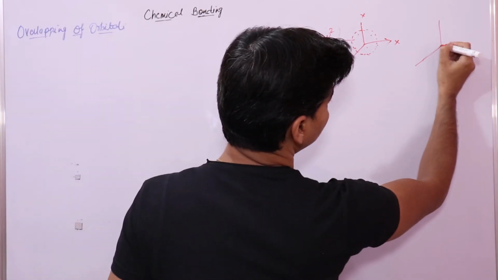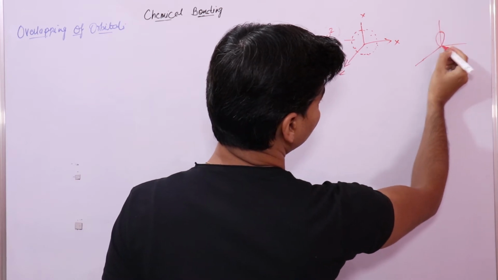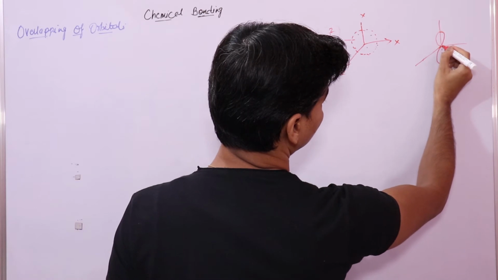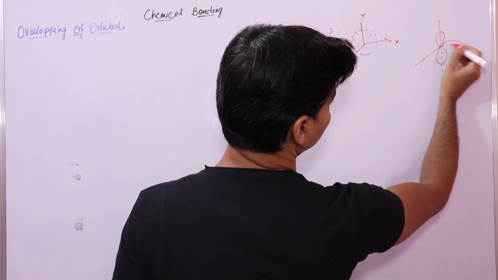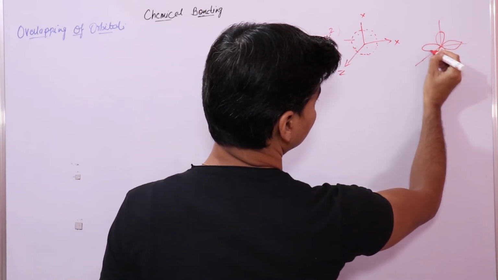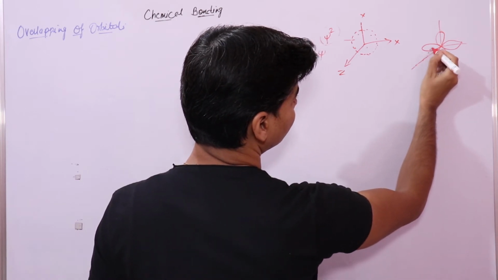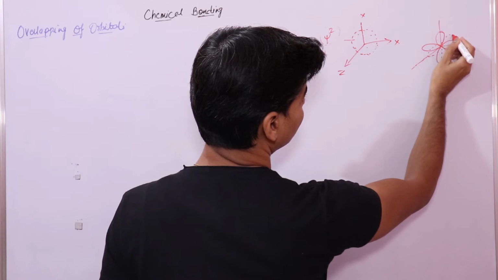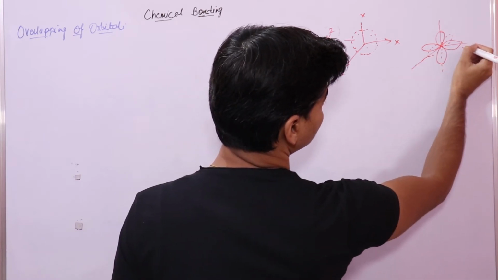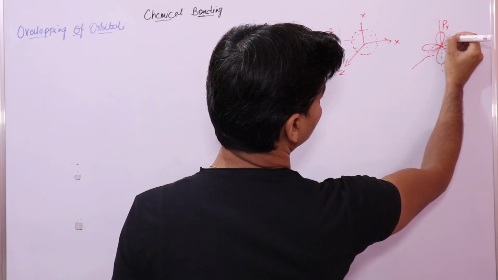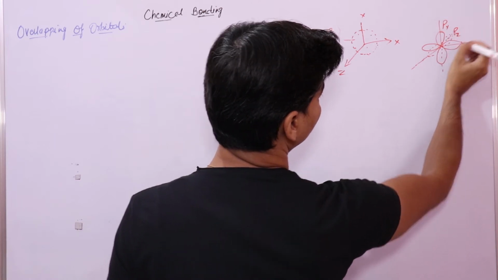And there are p orbitals. If you remember, this is how it goes. You have this z axis, this is your px orbital, this is your py orbital, and this is your pz orbital.